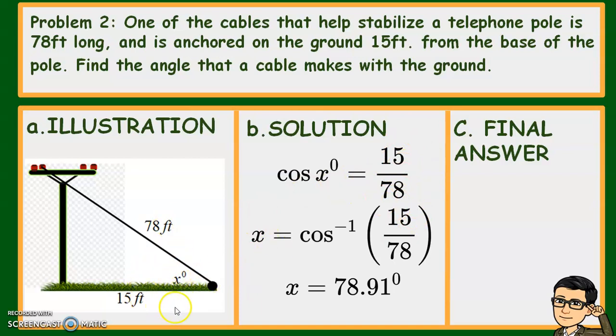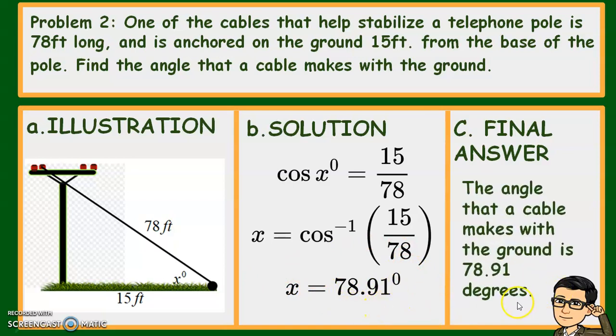Since we are solving for the angle, we have to use arc cosine, represented as cosine raised to the negative 1 of the quotient of 15 and 78. That will give us the answer, which is 78.91 degrees. So our final answer: the angle that a cable makes with the ground is 78.91 degrees. That is for problem number 2.